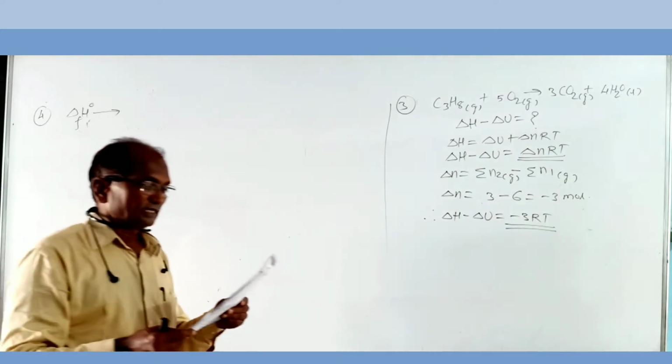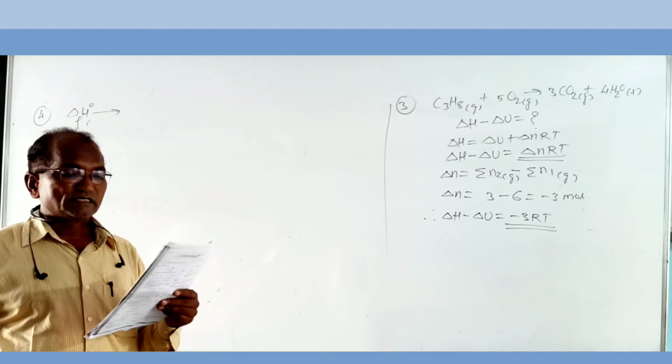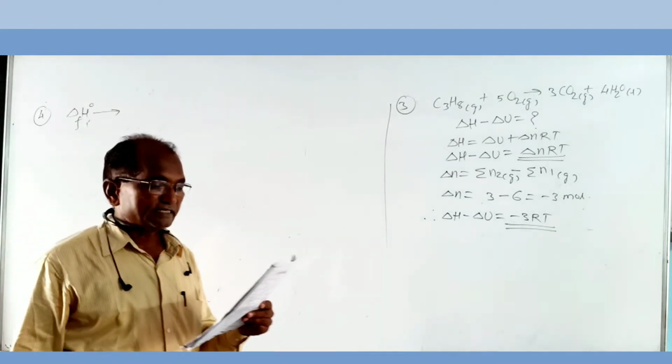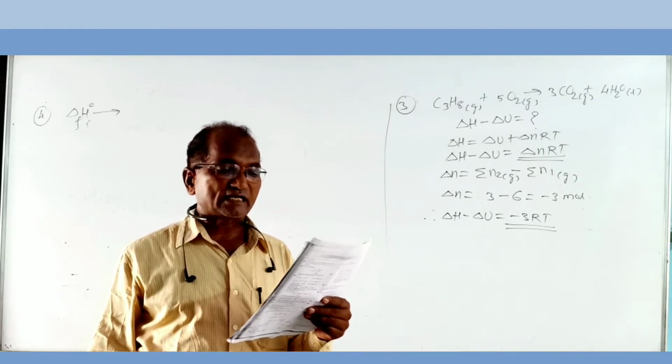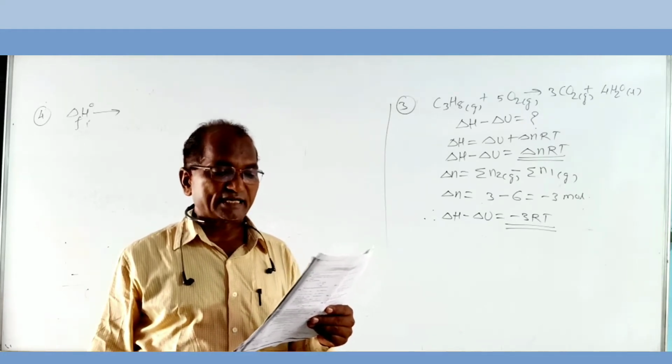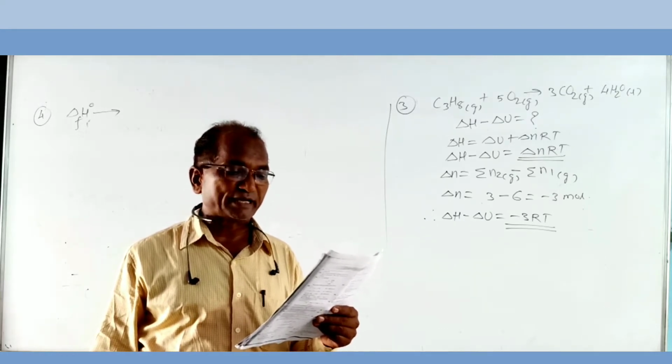Then the fifth: the bond energies of the C-C bond, C double bond C, H-H bond and C-H linkages are 350, 600, 400 and 410 kilojoule per mole respectively.